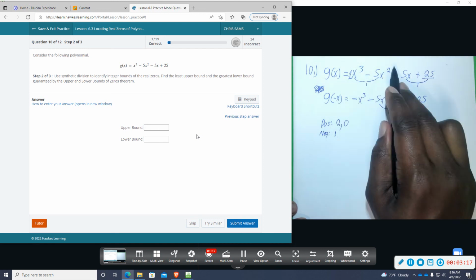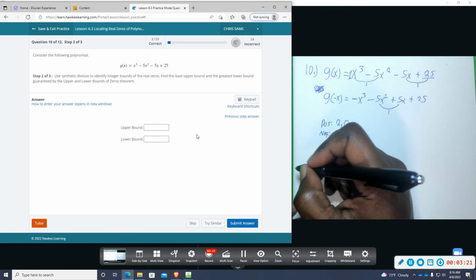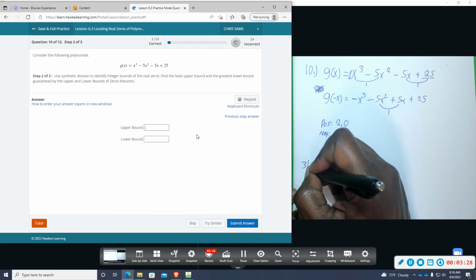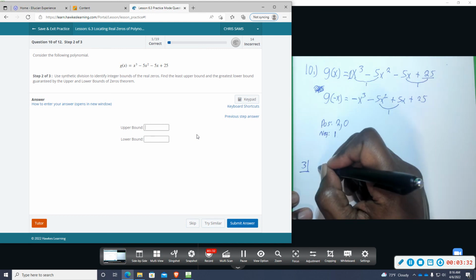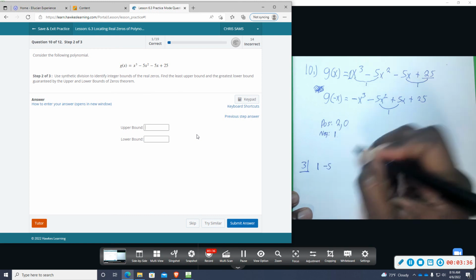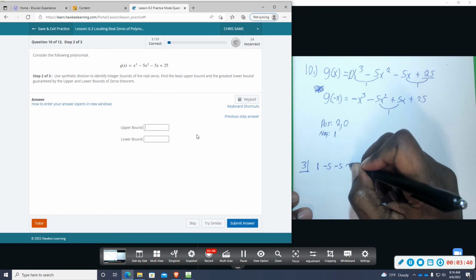So we've got degrees 3, 2, 1, 0. We're not missing any terms. For this example, I'm just going to start out with 3, and go up from there or go back down. I don't want to start too high. I'm going to start with 3, and then my leading coefficient is 1, and then my next term is negative 5, and then another negative 5, and then 25.